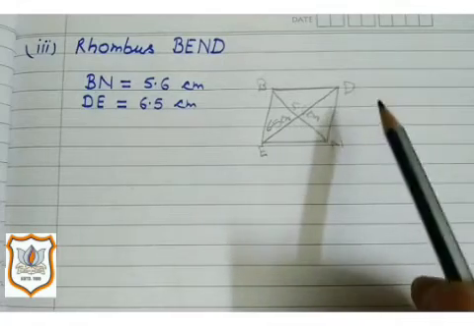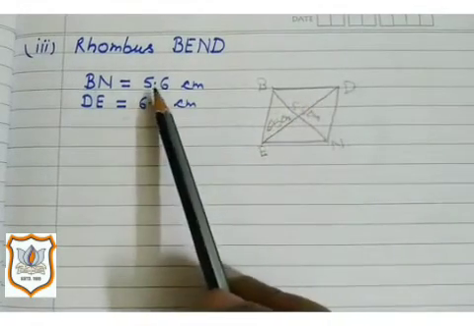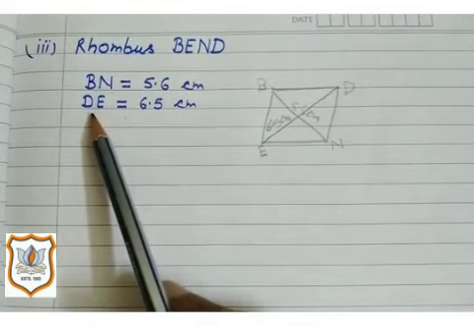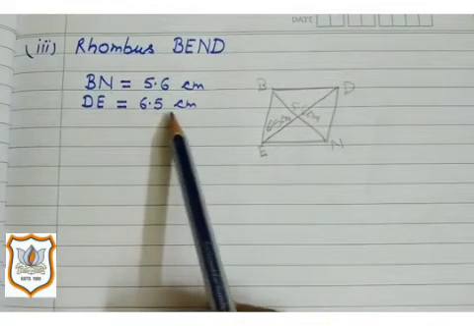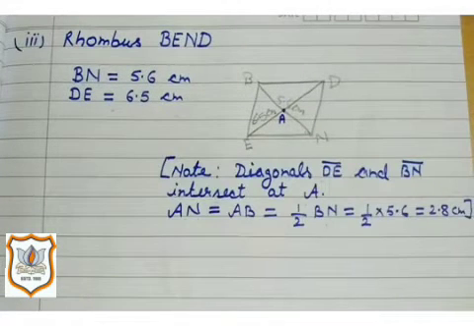Students, here two diagonals are given. One is 5.6 centimeter and second is 6.5 centimeter. Students, you have learnt in chapter 3rd that diagonals of rhombus are perpendicular bisector of each other.